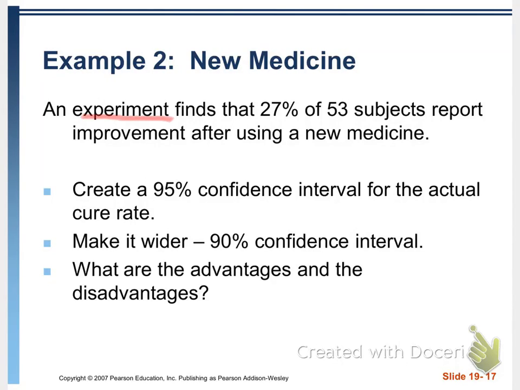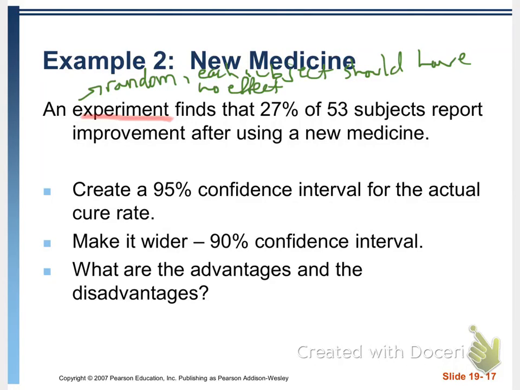So if it's truly an experiment, then it needs to be random, and it should be that each subject should have no effect on the results of another subject. That is a reasonable expectation.